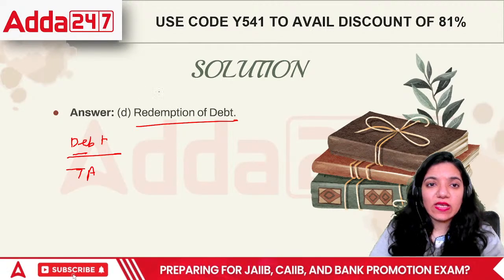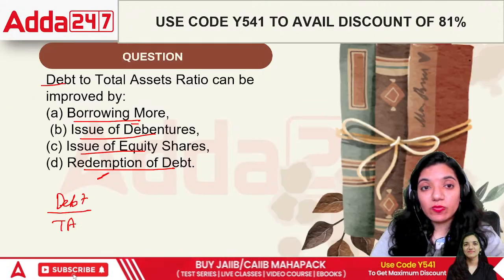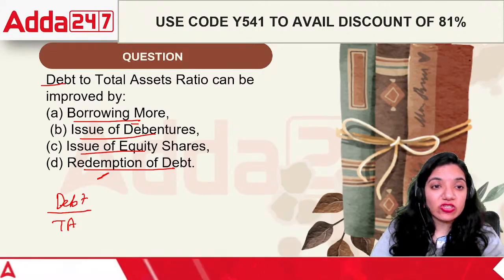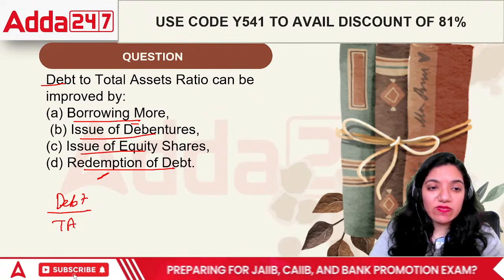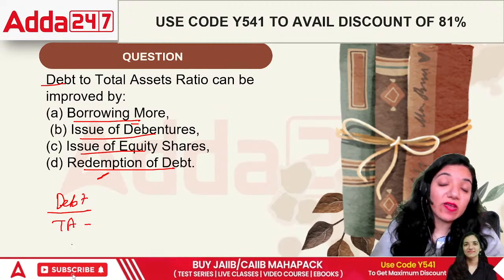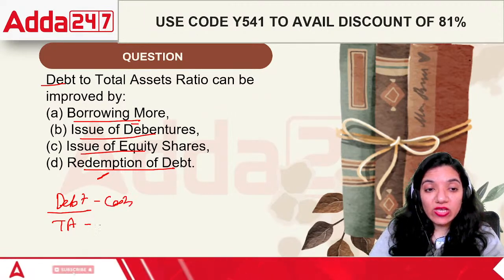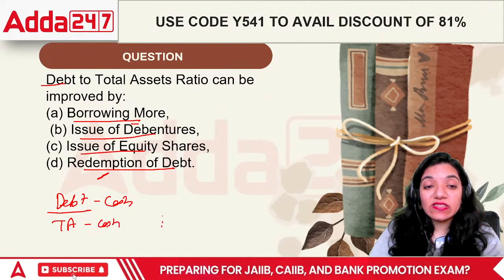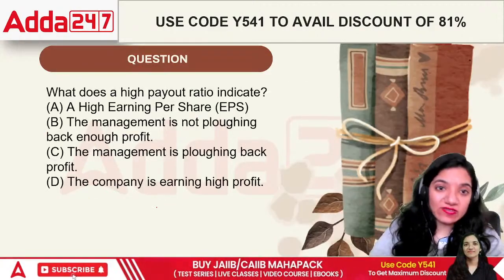If the debt is reduced, we will also reduce the assets as well. Now we are paying it in cash, so technically we will lose cash as well. In this case the debt to total asset ratio would automatically improve.